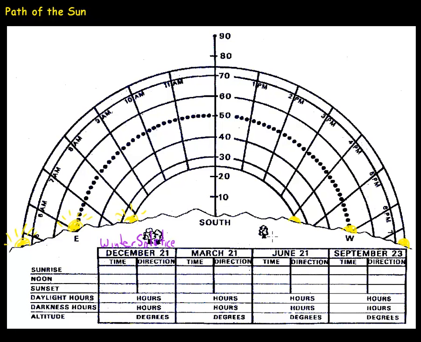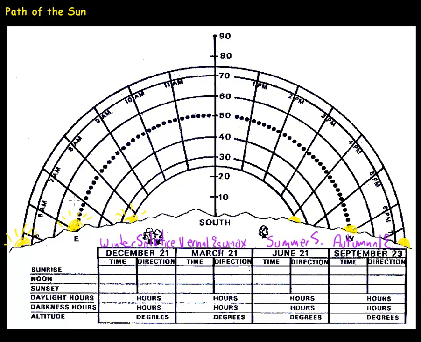This is the summer solstice. This right here is the vernal equinox. And this one over here is the autumnal equinox. Okay, so these are the seasons we're talking about.